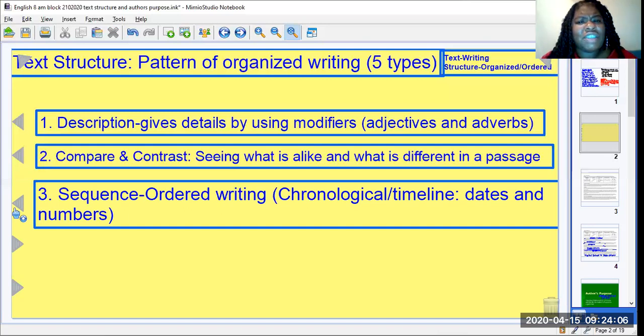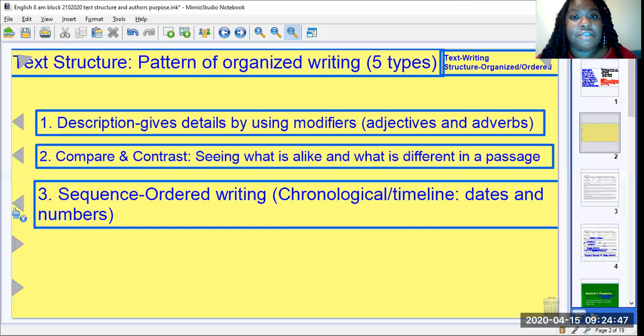Okay. Now, for some reason, they separated sequence and gave chronological or timeline their own little category, but just understand that they do fall under sequence. Chronological, we understand that chrono means time. So when something is in chronological order, it is a timeline and it uses dates and numbers. If you're reading a passage, like a memoir of somebody, someone was born in 1877, and then in 1892, their mom passed away.